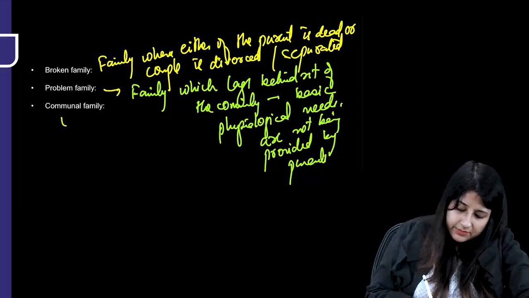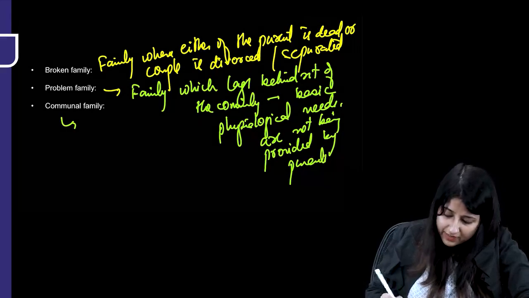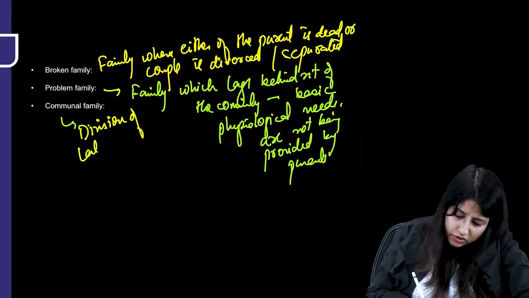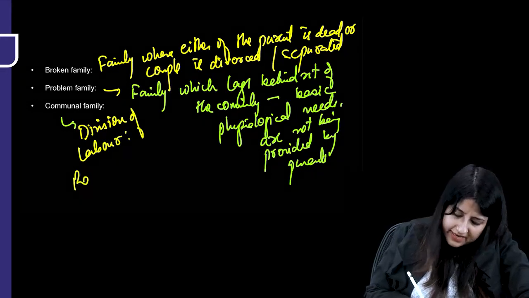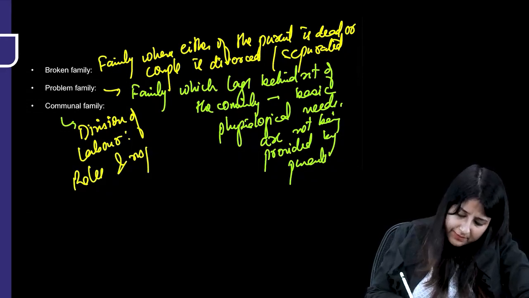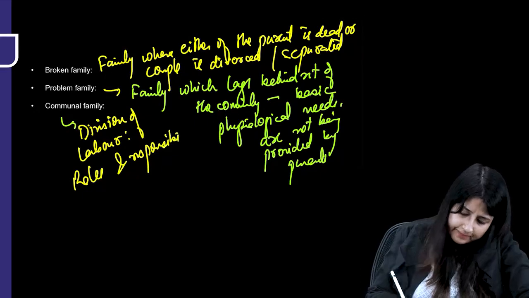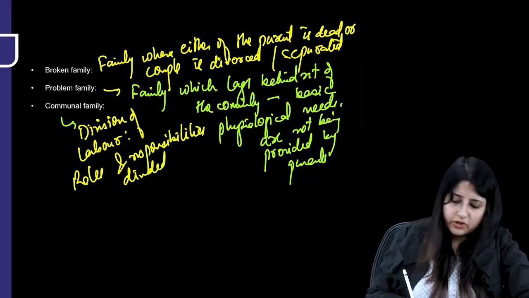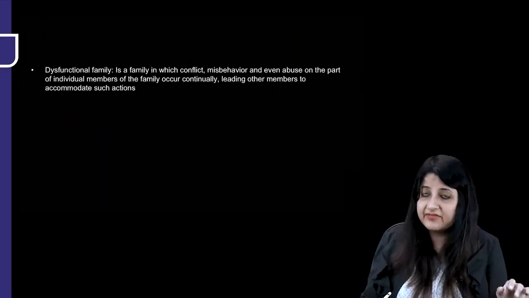Okay, what is a communal family? A family where there is division of labor. Division of labor means the roles and responsibilities of the members have been distributed. Okay, so these are very, very important definitions. Broken and problem definitely come.